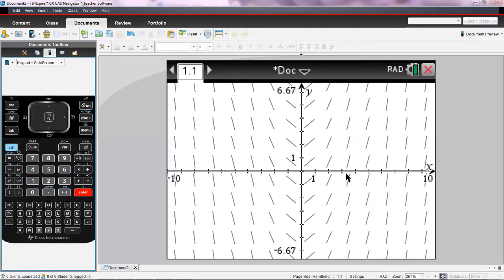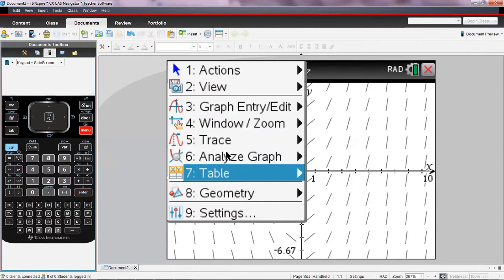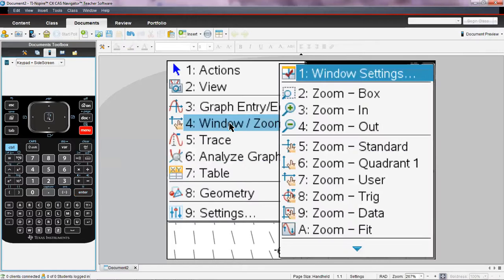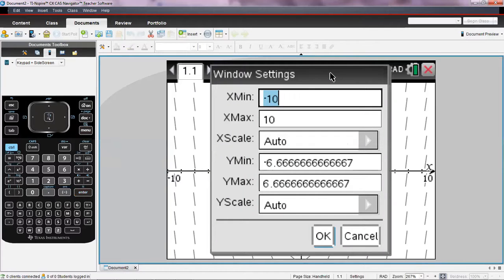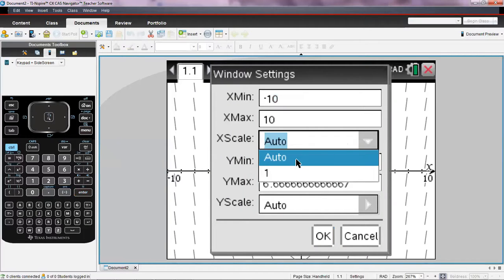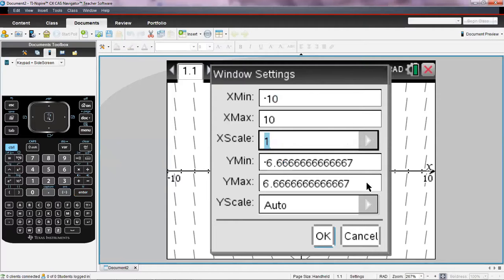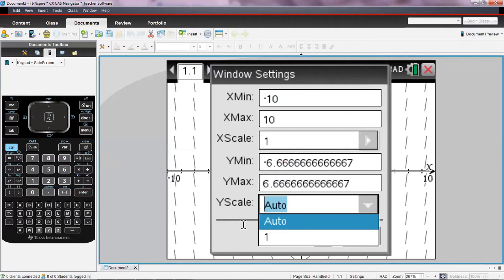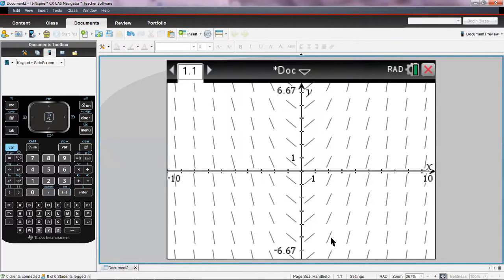Let me check the window settings. Here is auto. Let me see if we set the scale to 1. No, it doesn't take it. So the calculator does its own scale for the differential equation.